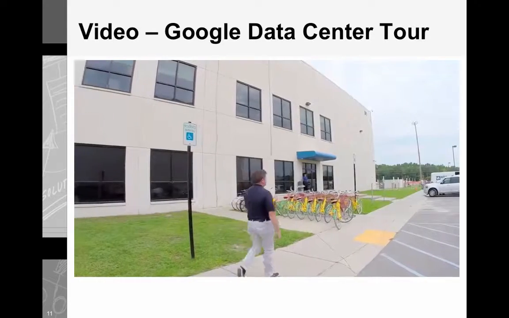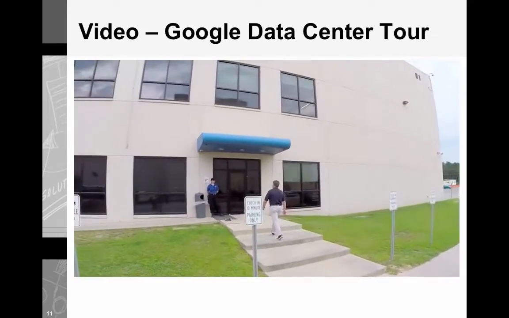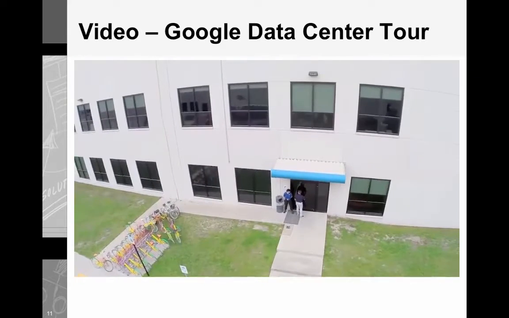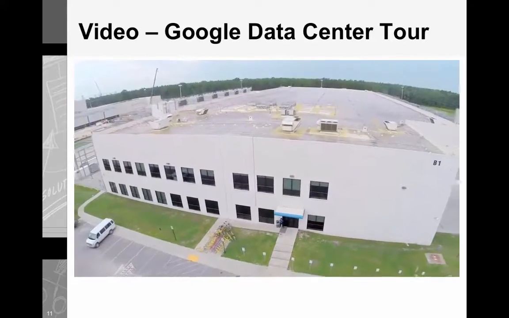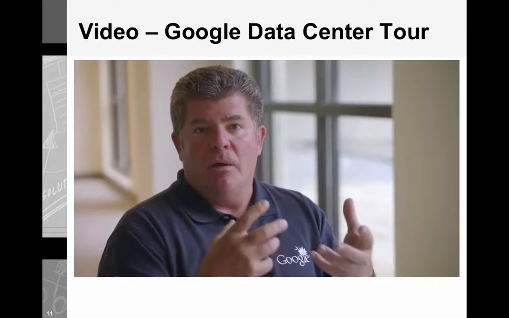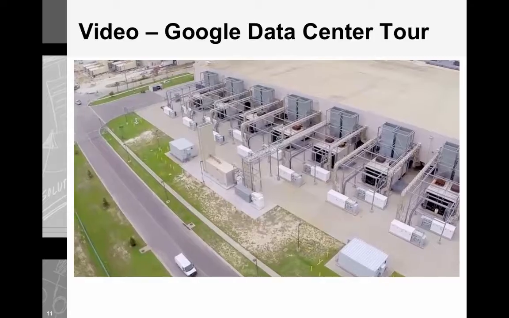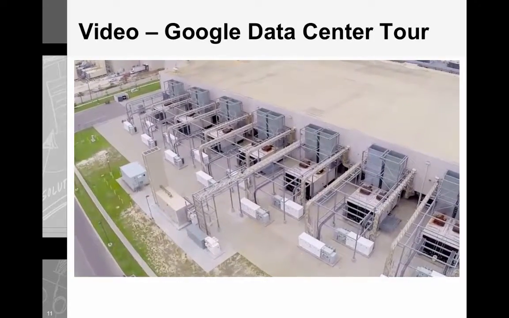I'm responsible for managing the teams globally that design, build, and operate Google's data centers. We're also responsible for the environmental health and safety, sustainability, and carbon offsets for our data centers. This data center here in South Carolina is one node in a larger network of data centers all over the world. Of all the employees at Google, a very, very small percentage of those employees are authorized to even enter a data center campus.